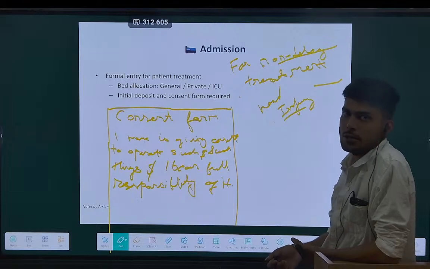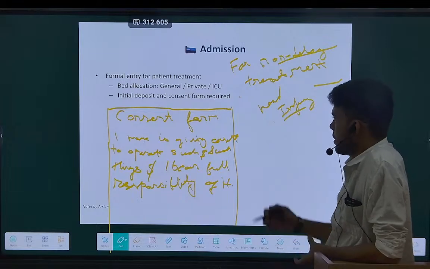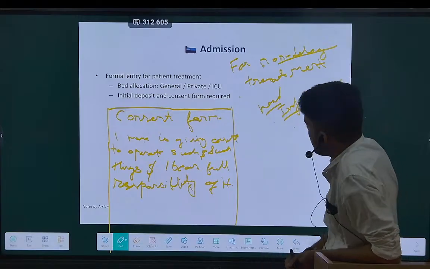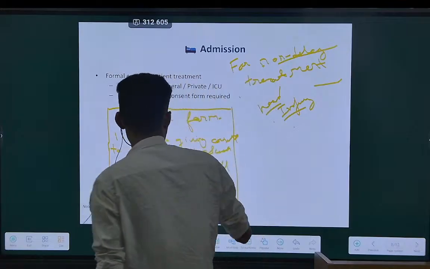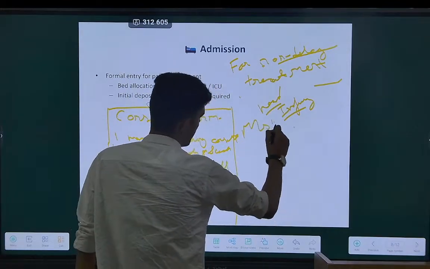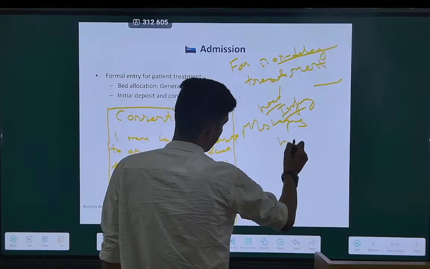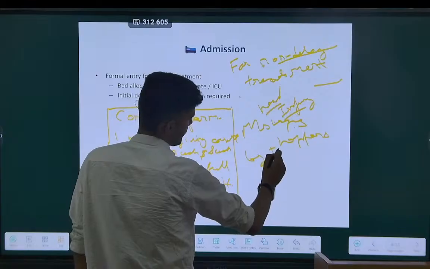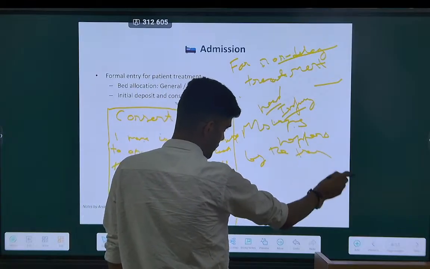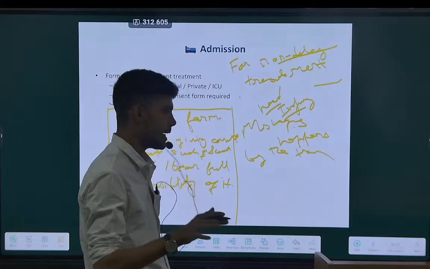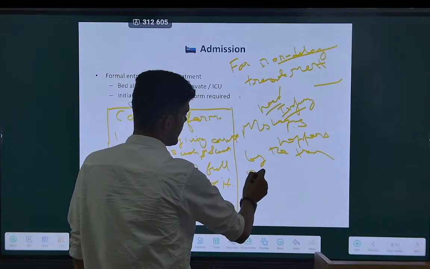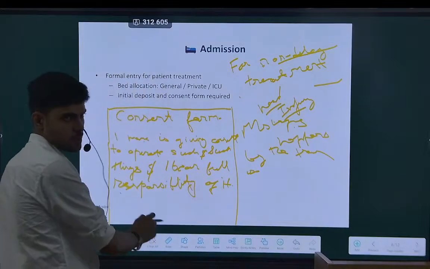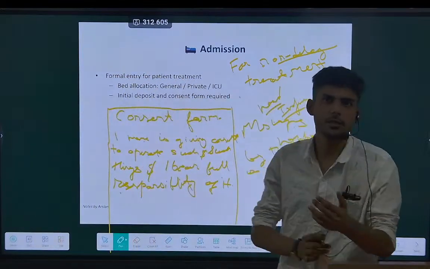So any doctor who is going to operate will first take a consent form from his guardians, so that in future if any mishaps happen by the treatment, the hospital doesn't take responsibility for it, and therefore they give a consent form that yes, this case is delicate.